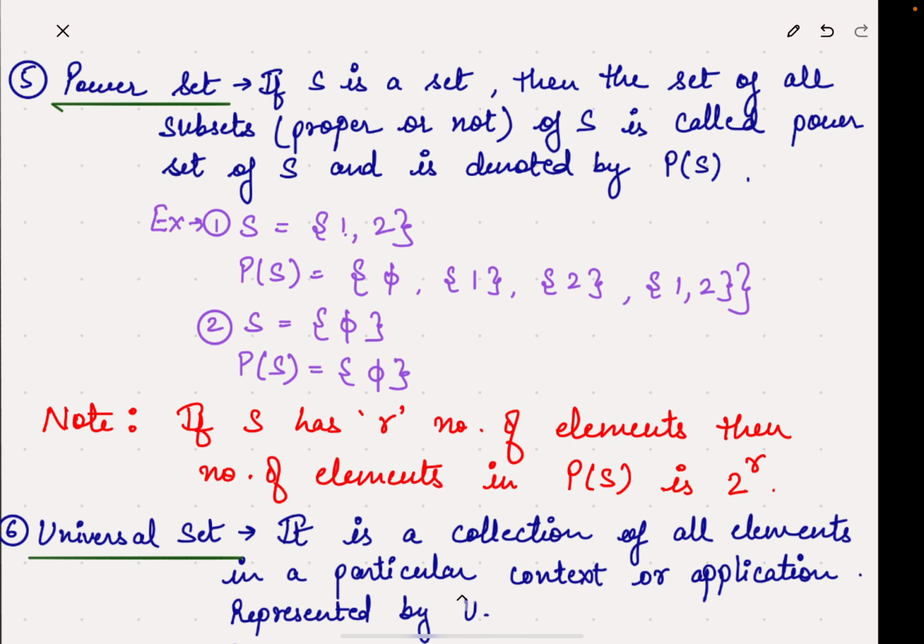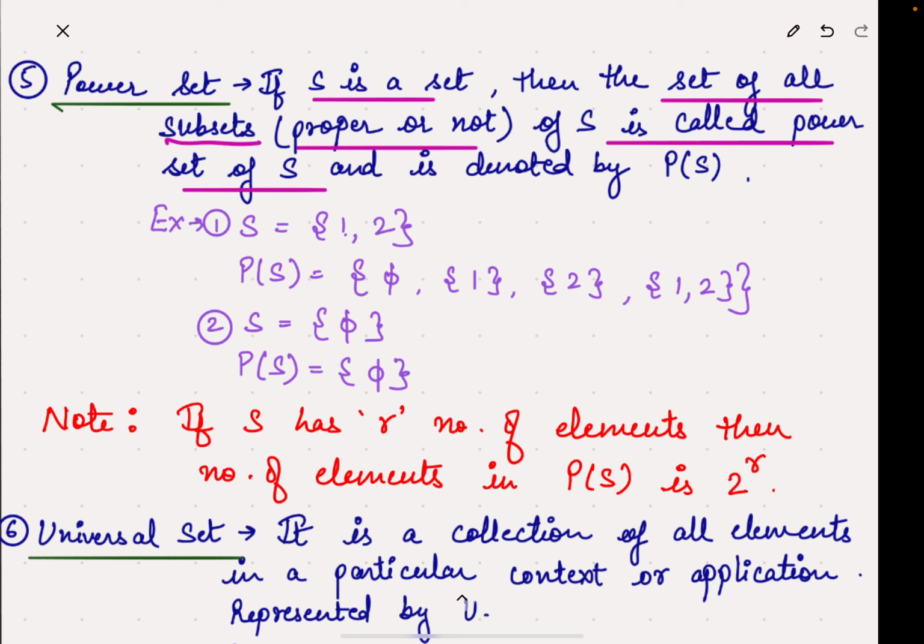Next is power set. If S is a set, then the power set will contain all the subsets, no matter if it is a proper subset or not. So the power set will contain all the subsets of that particular set.